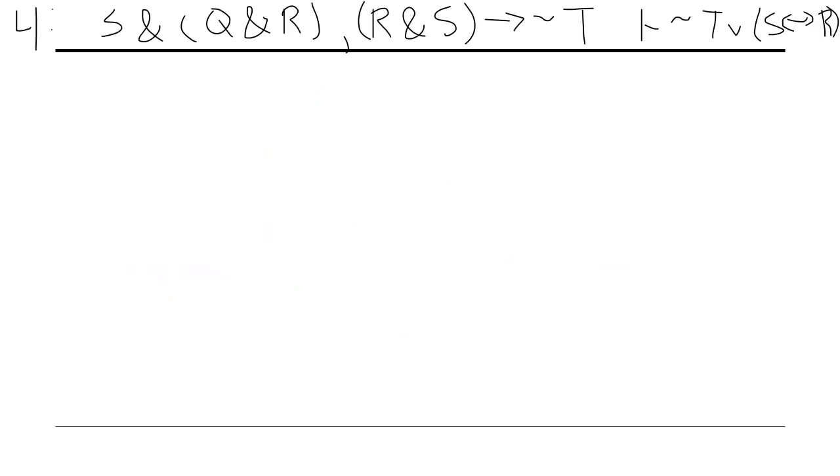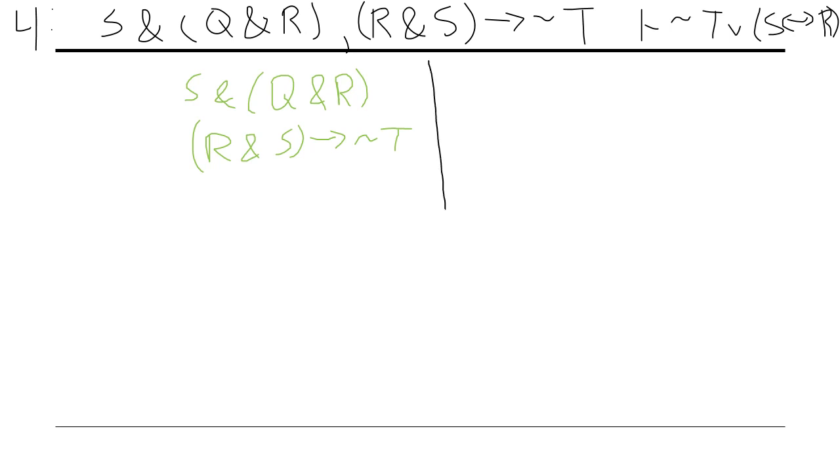Now, for problem 4, taking our premises, putting them on one side, taking our conclusion, and on the other side. So starting with this one up here, main operator is that first ampersand that's outside of the parentheses.